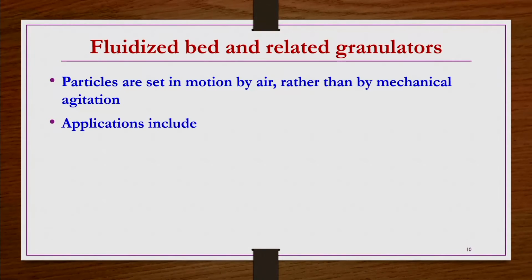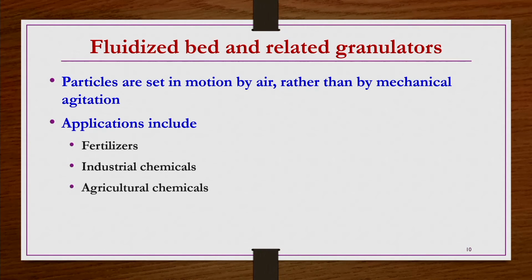They have several applications, which include fertilizers. These are used in fertilizer industries, and in the production of a number of industrial chemicals. Agricultural chemicals production also uses fluid bed granulators for the size enlargement of agricultural chemicals.